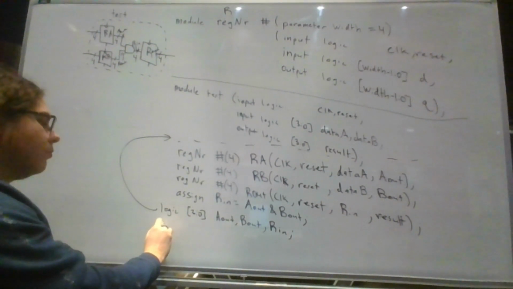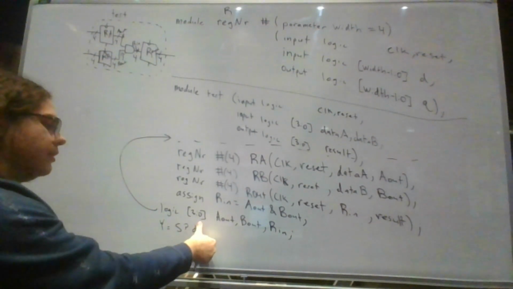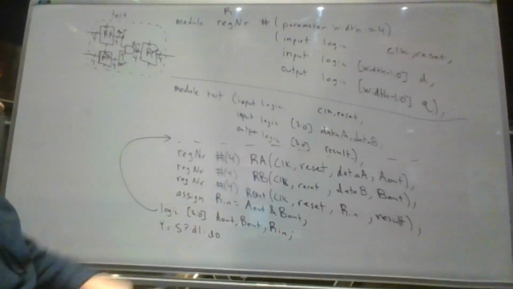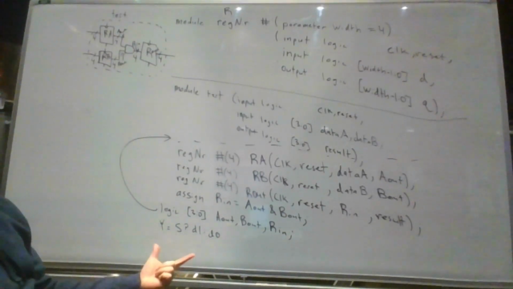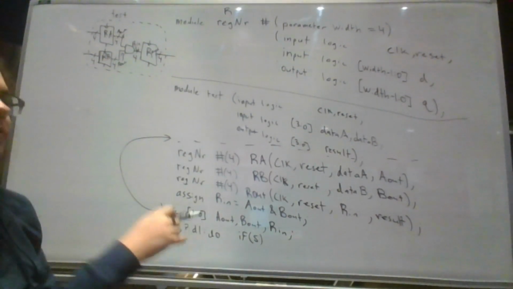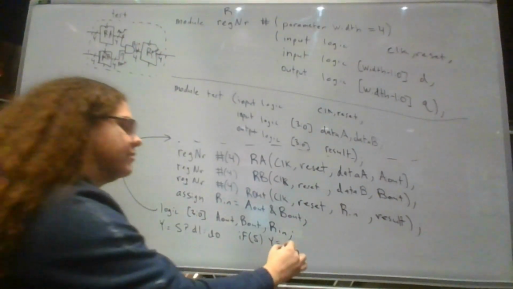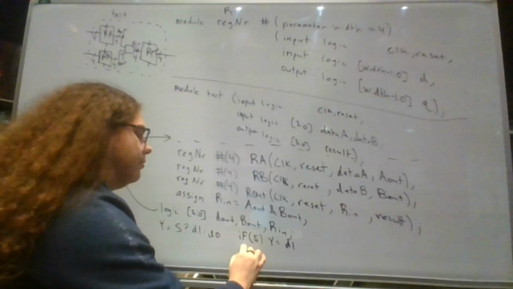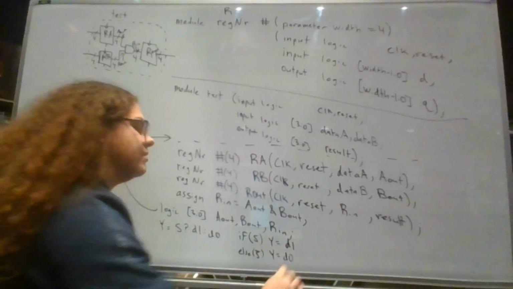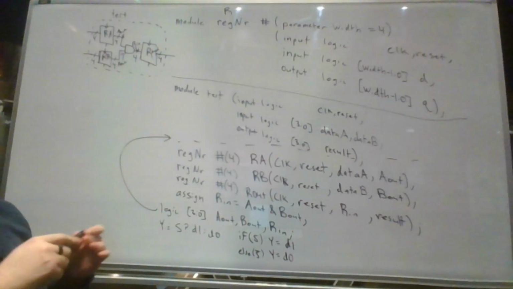So this is called the ternary operator, and it's the same as the following. If s is true, then y is going to be assigned the first thing in that list, which is d1. Else, which is to say s is false, y is going to be assigned the value of the second thing in that list, d0. So that's what that corresponds to.